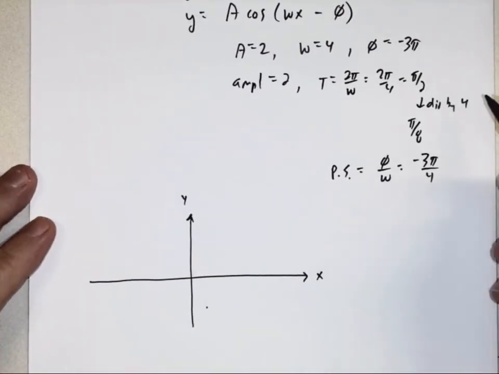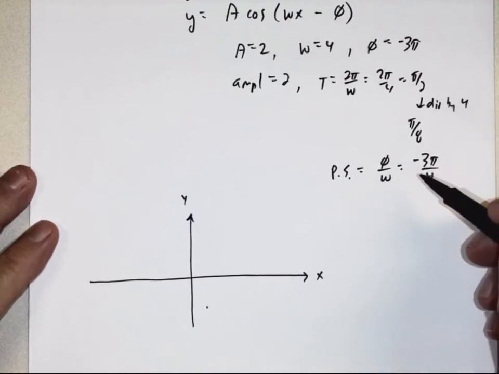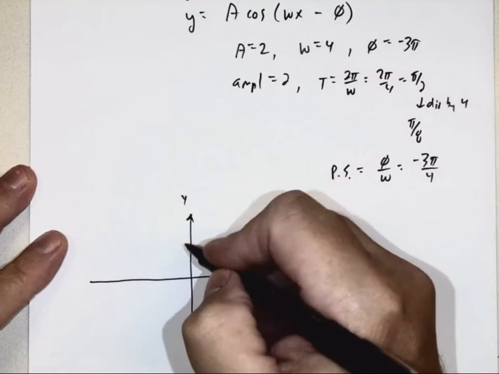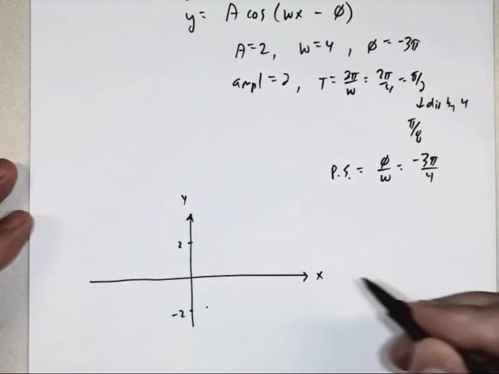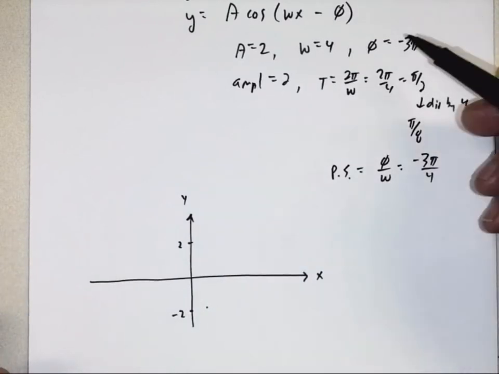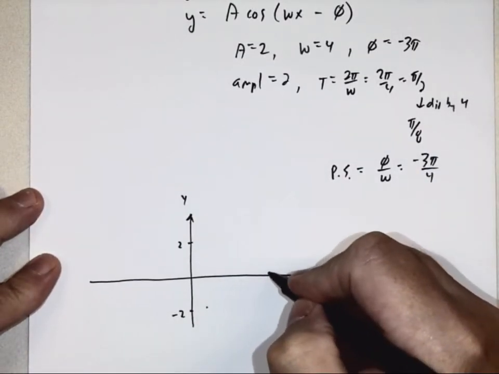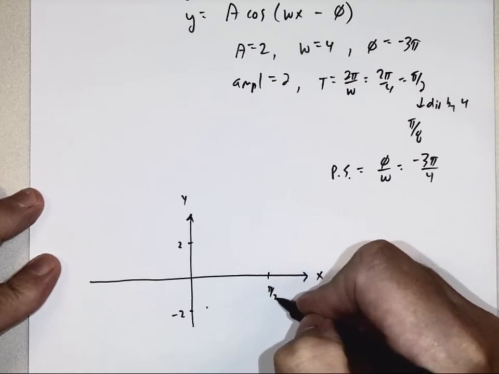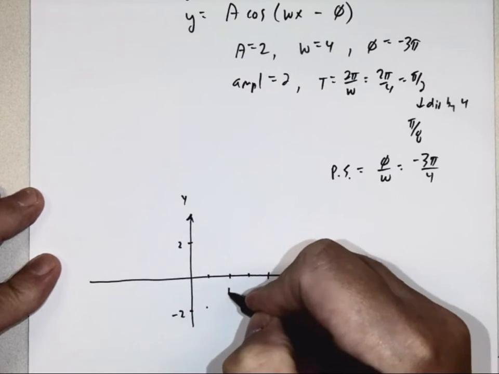Let's first draw my initial graph. I'm going to draw the graph without the phase shift. My amplitude is 2. My period is pi over 2. So I break it up into 4 parts.